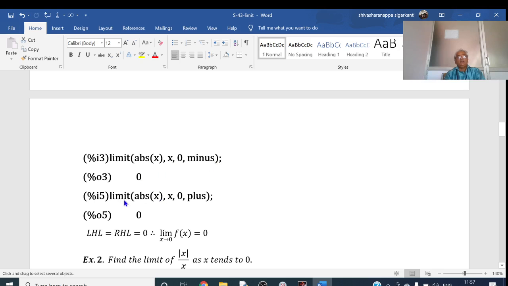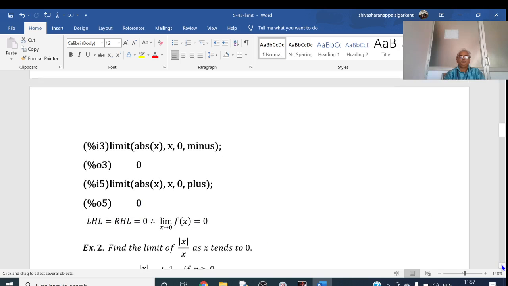To find the right hand limit, again limit abs of x is 0, the only difference being that I write plus. If I write plus, we get the right hand limit. If I write minus, I get the left hand limit. So left hand limit equals 0, right hand limit equals 0. Here the left hand limit equals the right hand limit. Therefore the limit of f of x is equal to 0.